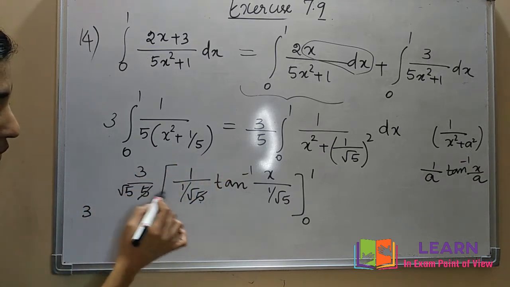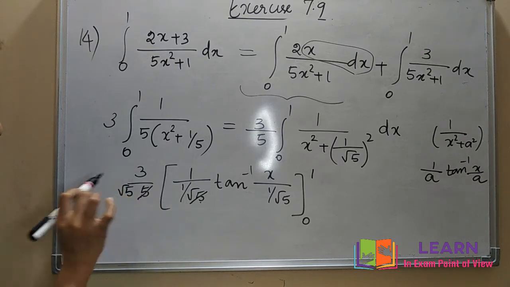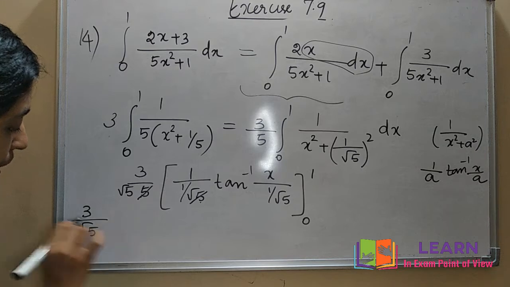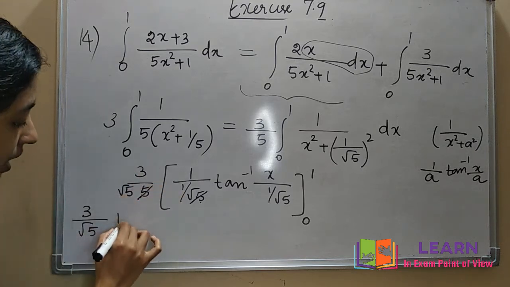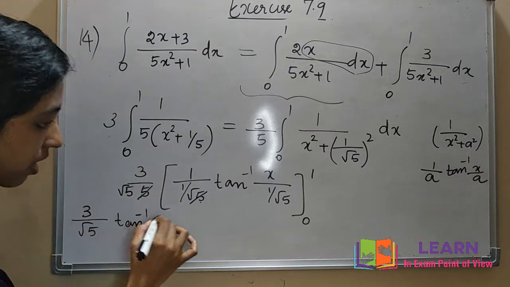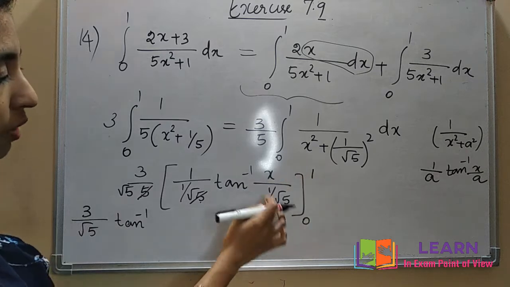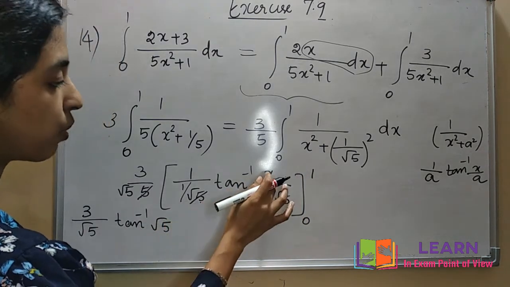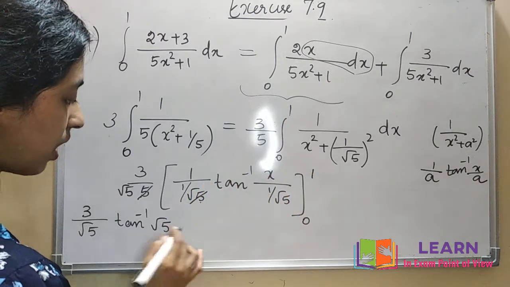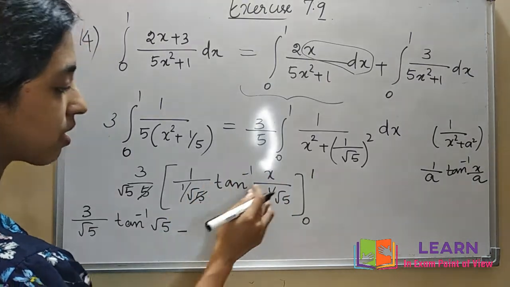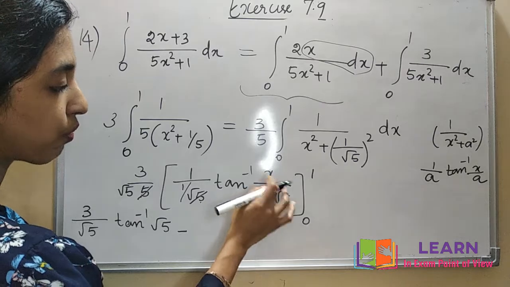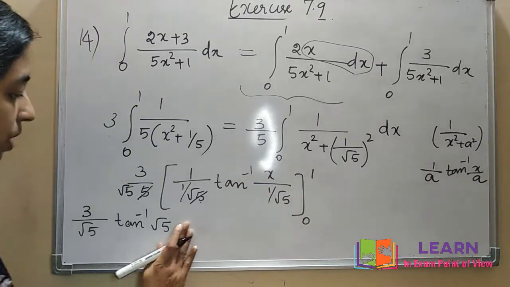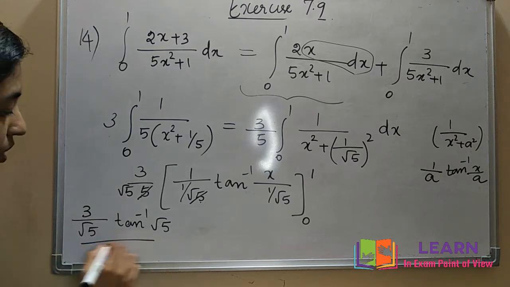Root 5 and 5 getting cancelled means one more root 5 remains. So 3 by root 5 you can write. Then tan inverse, apply the limit. For x, this root 5 will go up, root 5 into 1, upper limit. That is root 5. Minus tan inverse root 5 into 0, that is 0. So there is no need of this term, right? So this is the answer.